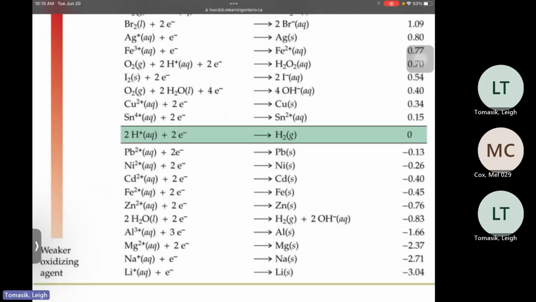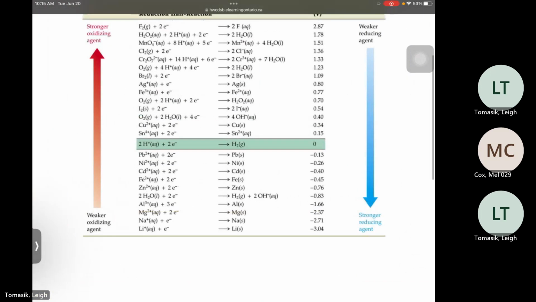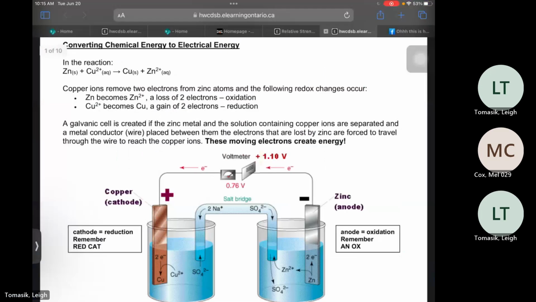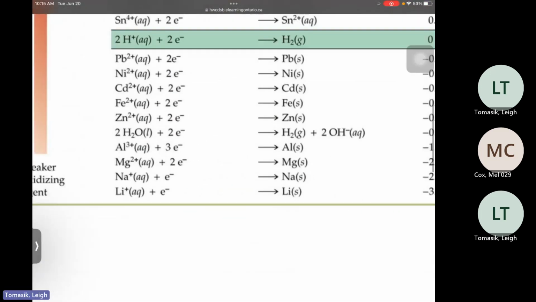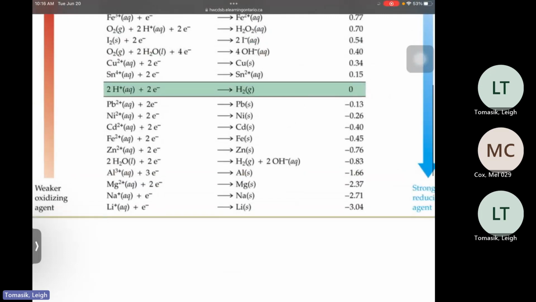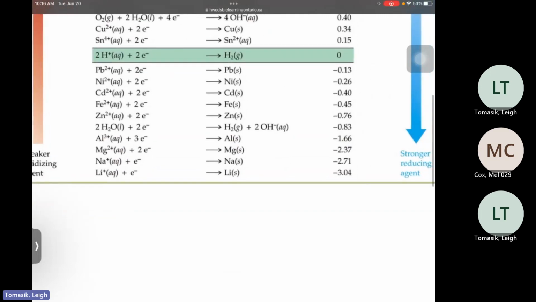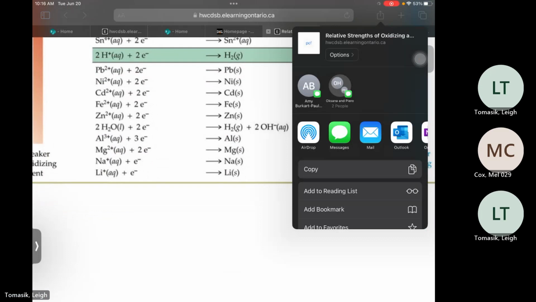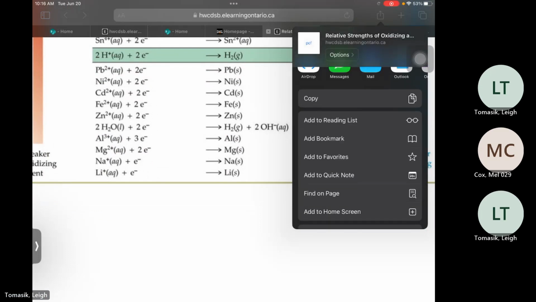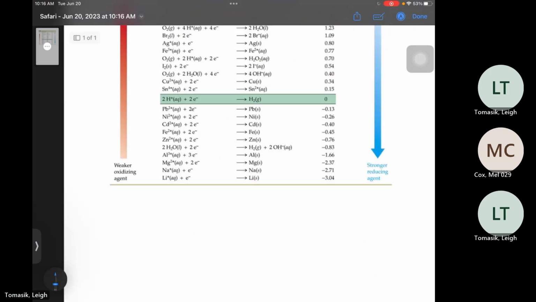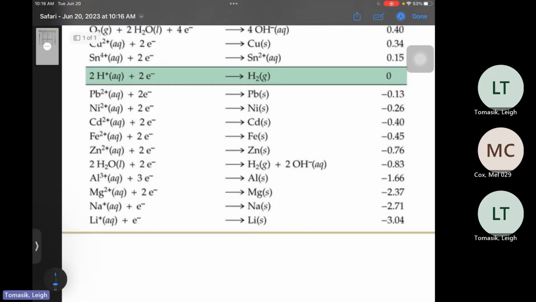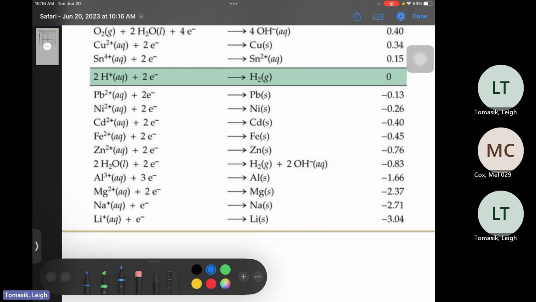Now, one more thing before I go from here. I want you to take a look at some differences.